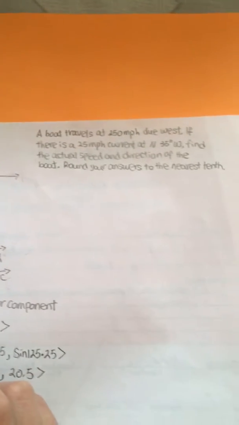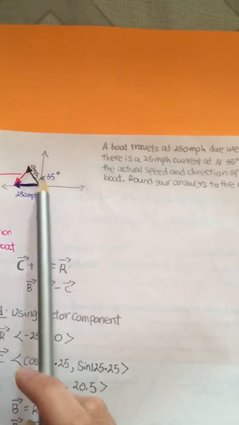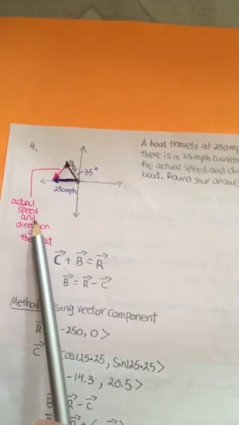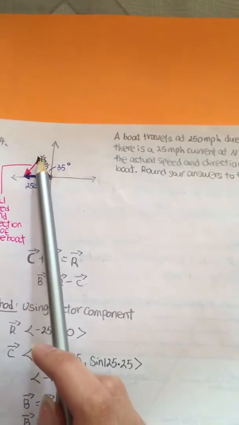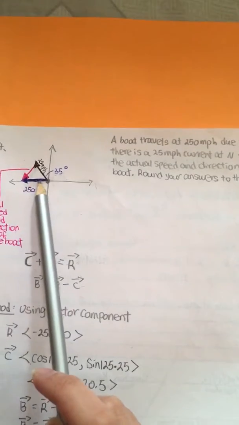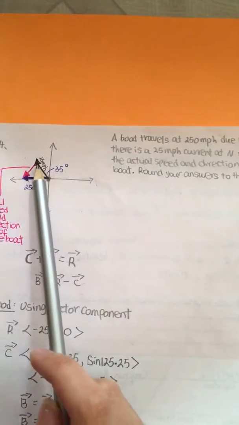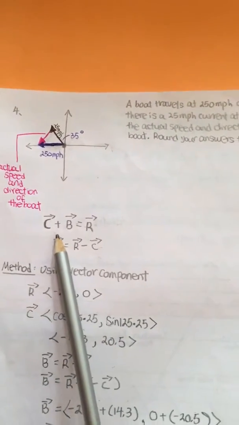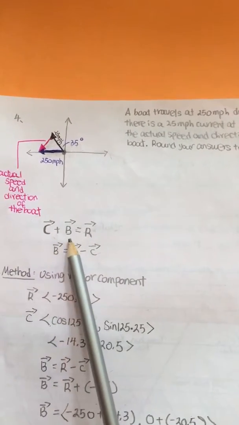And the question asks to find the actual speed and direction of the boat. So this vector over here is going to be the actual speed and the direction of the boat, because when you add these two vectors together, this will be the resultant. So over here I wrote that this is the vector of the current plus the vector of the boat.